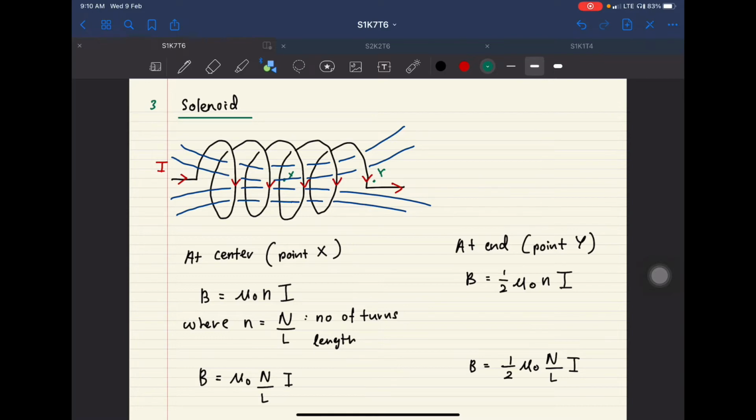Okay, to determine the direction of magnetic field for a solenoid, again you have to use the right hand rule. But this time, instead of putting current on my thumb, I can put my current on my fingers so that my magnetic field is my thumb.